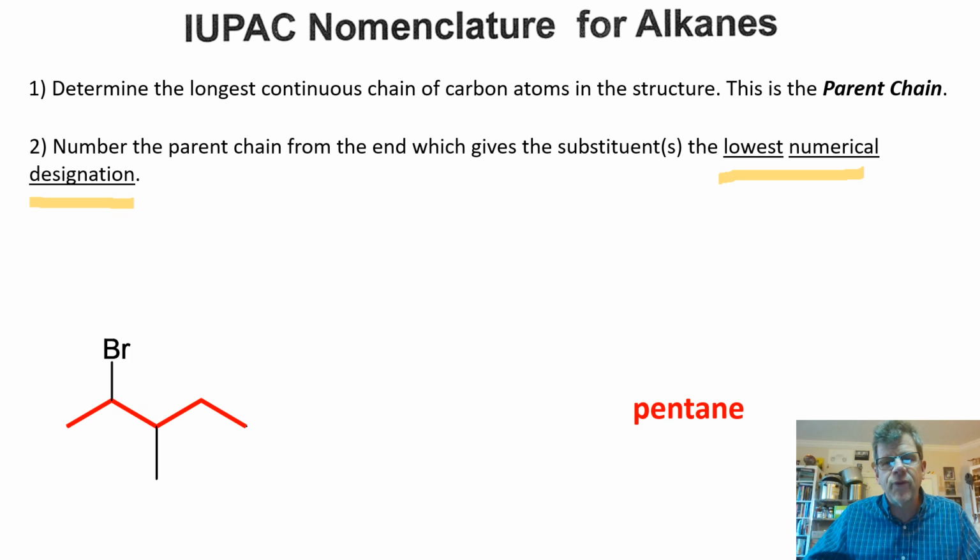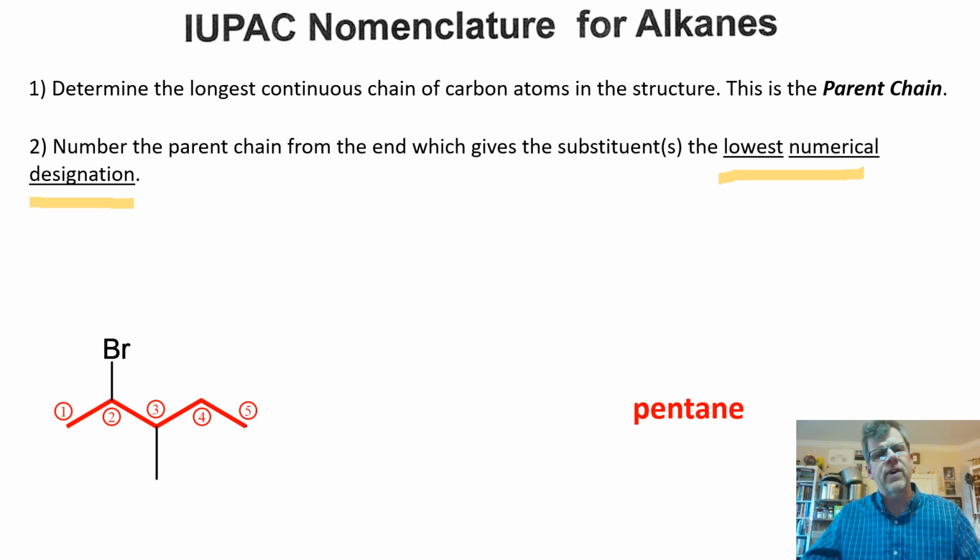Well, what if we went from the other direction and made this one our 1 carbon? Then we'd have to count 2, 3. So the methyl now is on the 3rd one, and the bromo is on the 4th one. Those are larger numbers. So we have to start with the lowest numerical designation, which is from left to right in this case. It's important that you see that distinction.